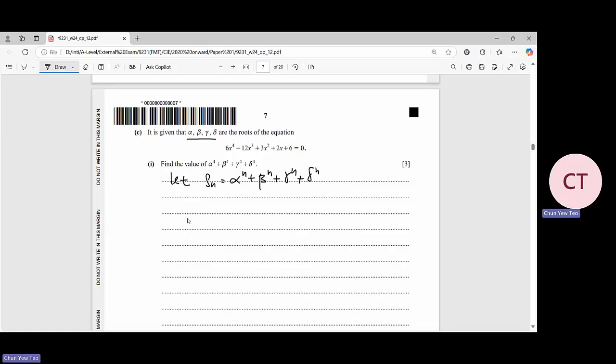So we make 6x to the power 4 equal to 12x cubed minus 3x squared plus 2x minus 6. Oh, this is a minus. So that means 6S4 is equal to 12S3 minus 3S2 minus 2S1 minus 6S0.